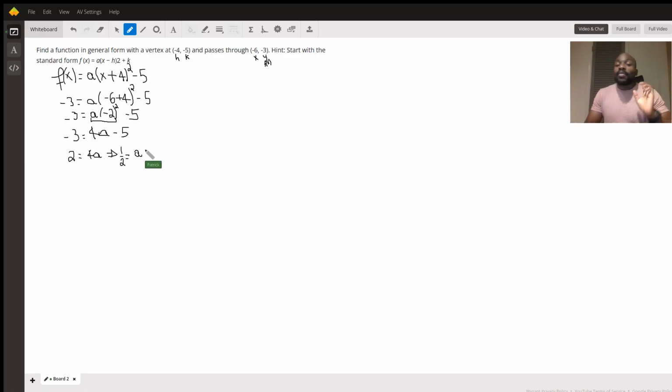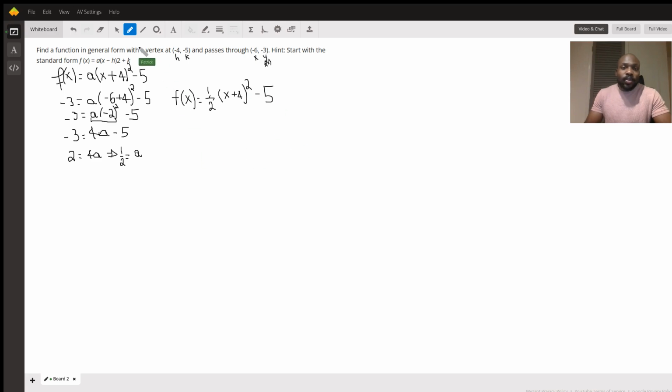So now we have our vertex formula, but that's not the final answer. That's not what they were asking us. They want the general formula. So let's write the vertex form first: 1/2 times x plus 4, squared, minus 5.